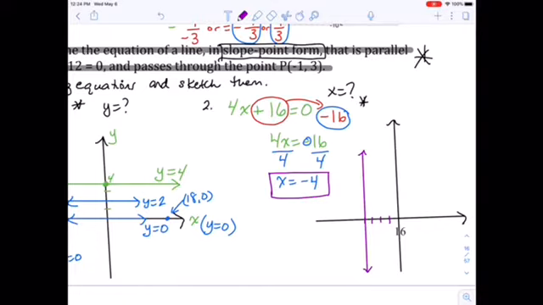Okay, and this is a special line. It is in fact linear, but it's not a line in the form of y equals mx plus b. The slope is undefined. So this is just a very weird one that we have to kind of memorize.